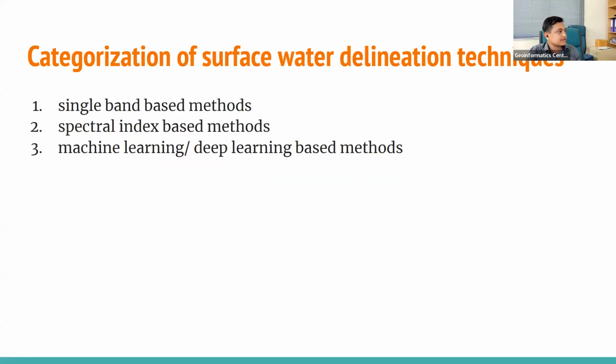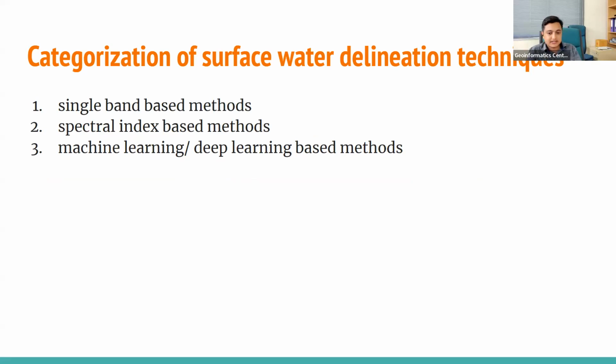Yeah. So to understand the categories of techniques for surface water extraction, these 3 are the most commonly used techniques. The first one is the single band based method. As we saw yesterday, there were almost 19 bands in Landsat imagery, in Landsat 7 or 8, I think 8, yeah.